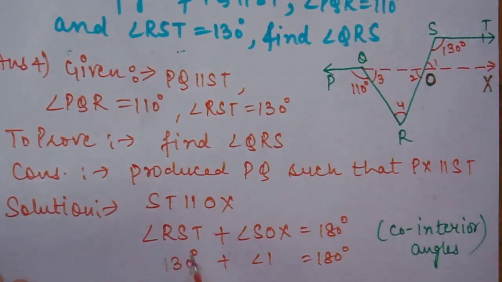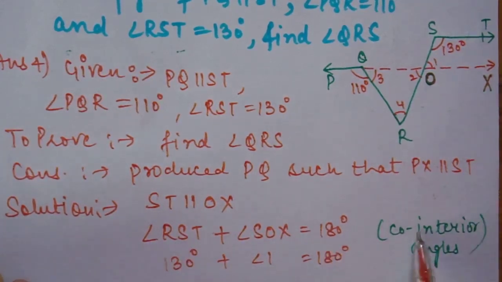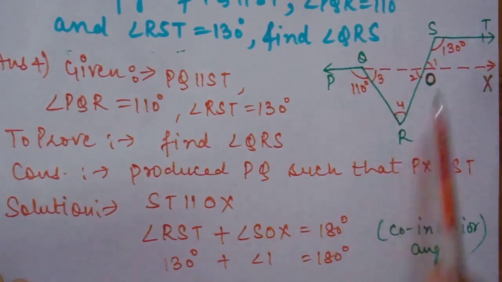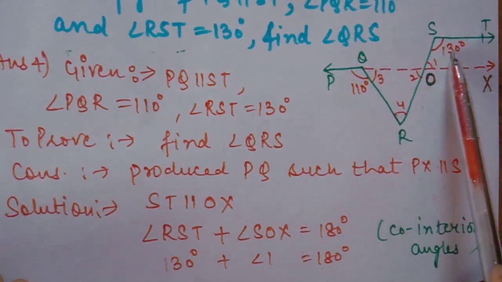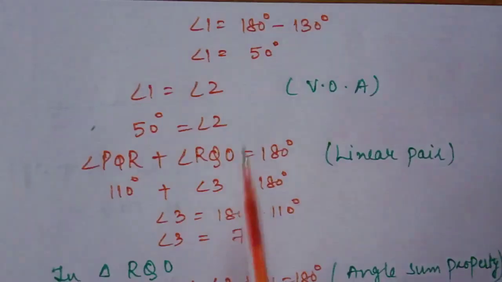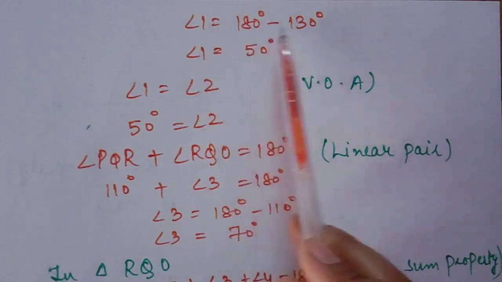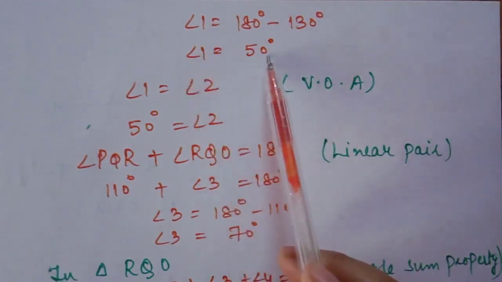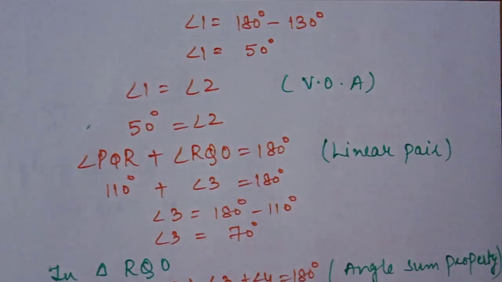So the sum of these two angles is 180 degrees because of co-interior angles. The value of one angle is 130 degrees, so angle 1 is equal to 180 minus 130. Angle 1 is equal to 50 degrees.